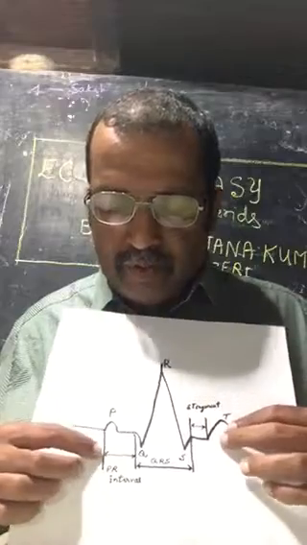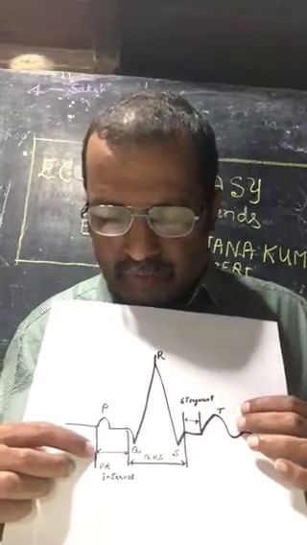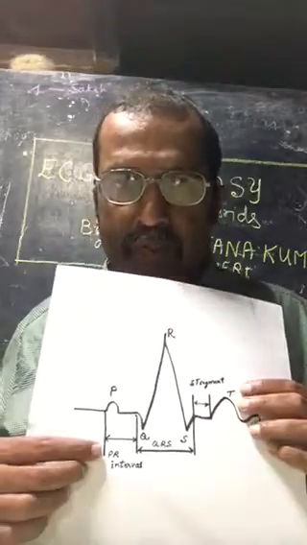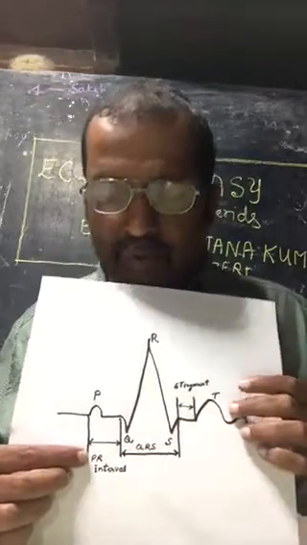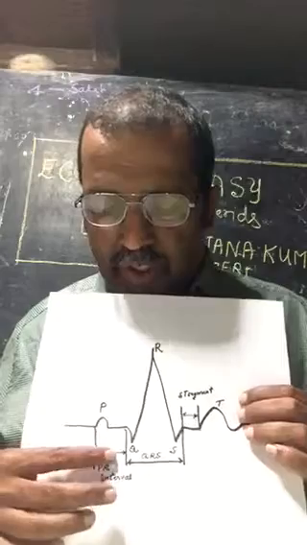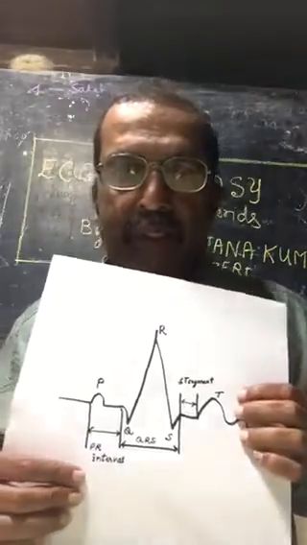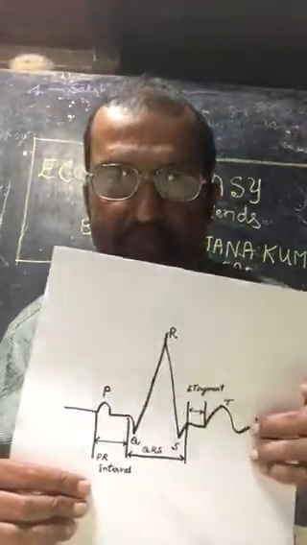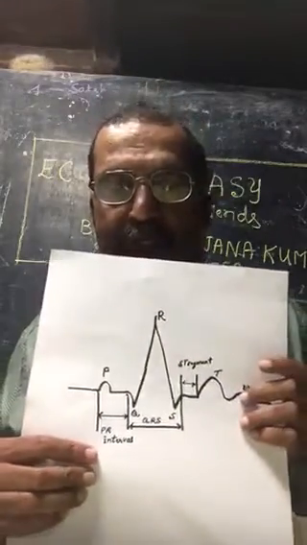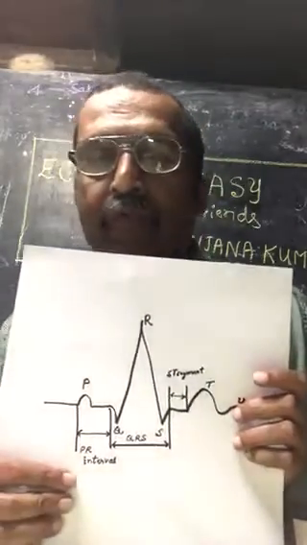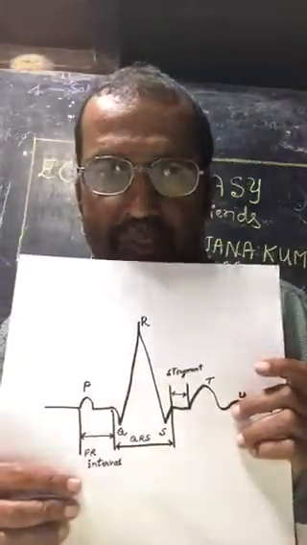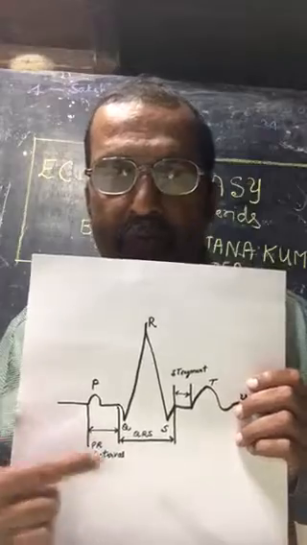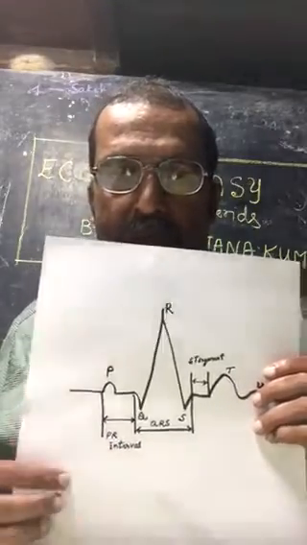Now there are some measurements. PR interval. PR interval is about 1 to 3 small squares. This is 0.12 seconds. It shows the time through which the flow of electricity goes from the sinoatrial node to the atrioventricular node.